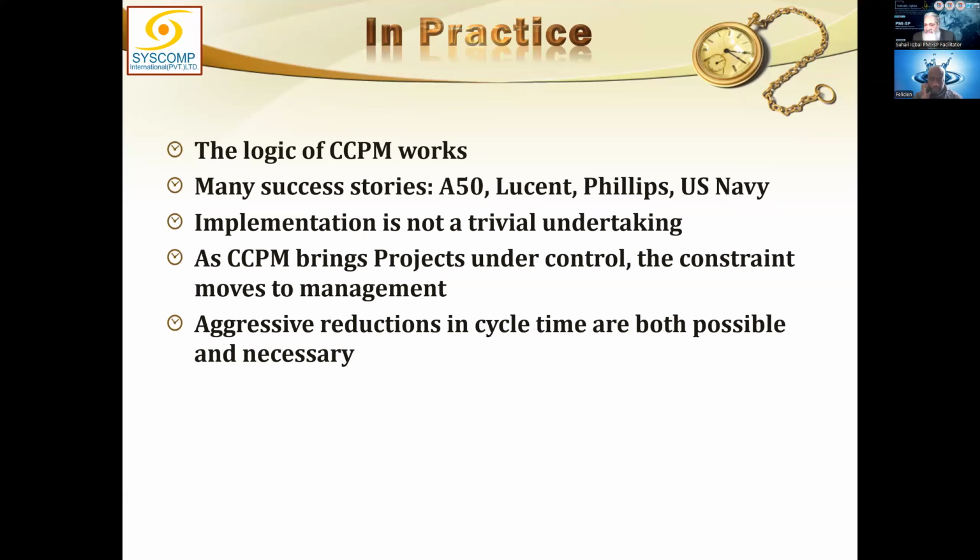When the buffer was not with them, it was with the team members. Team members were enjoying it. Now the project manager can use it to manage the whole project delay. Aggressive reduction in cycle time is both possible and necessary. We should be able to do things faster.